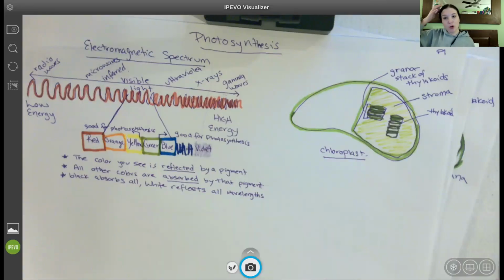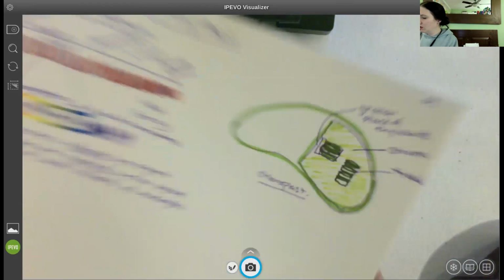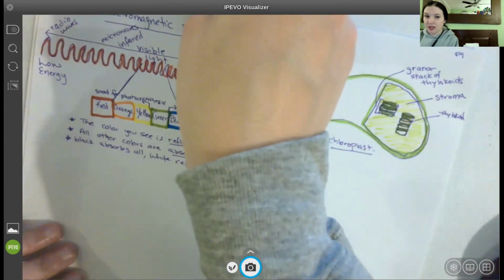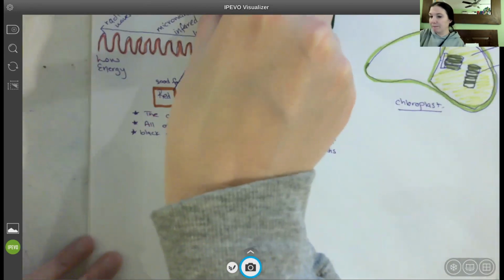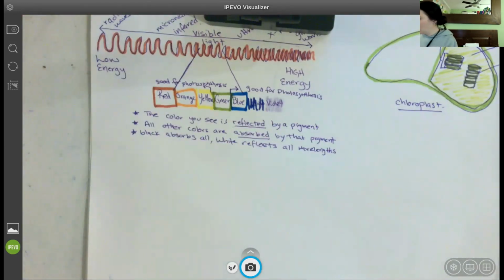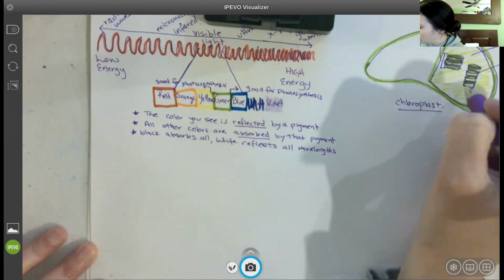Okay, so here we are back at our picture, and we are going to draw these light reactions. I'm going to draw mine underneath the electromagnetic spectrum here. So that's where I'm going to make it.